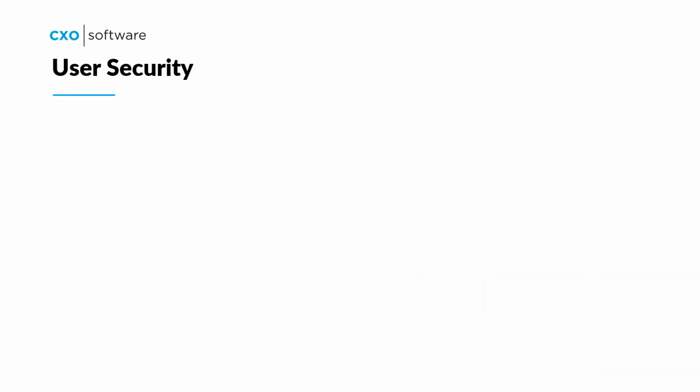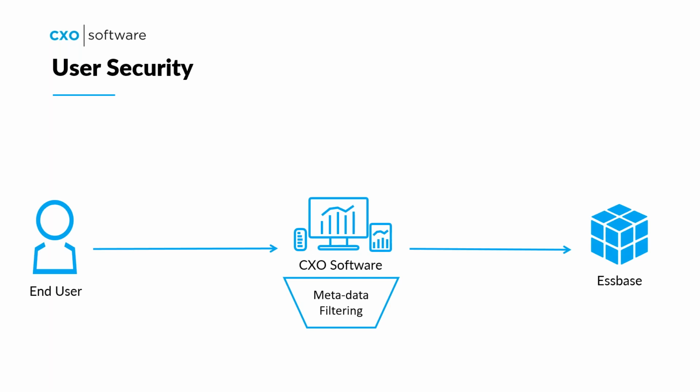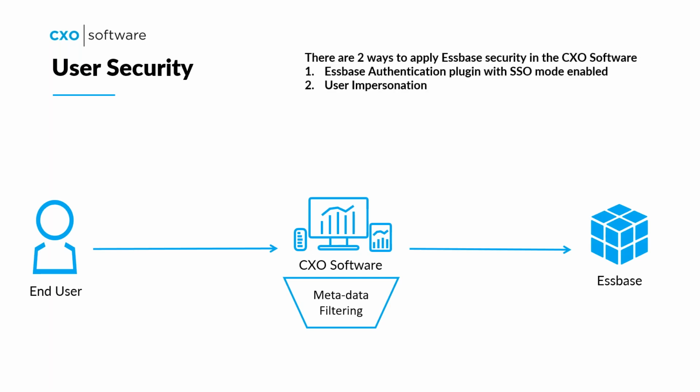In terms of user security, this is quite interesting. This is one area of CXO where we can actually inherit the security from the underlying Essbase. There are two ways of doing that. Number one is the Essbase Authentication plugin with SSO mode enabled, and two is user impersonation.